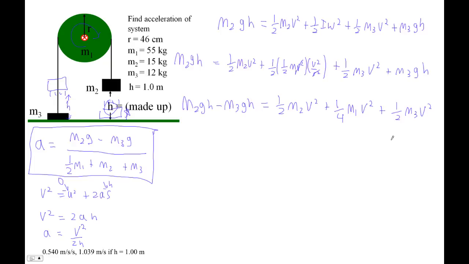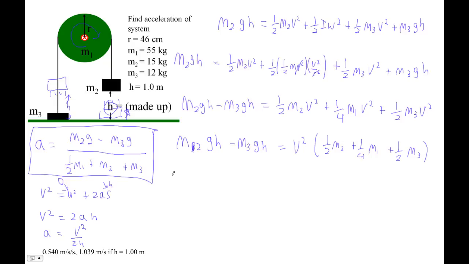Okay, so take a look at this. Now let's factor out the v's here. So I've got m2gh minus m3gh equals v squared outside of 1/2 m2 plus 1/4 m1 plus 1/2 m3. Now we're set. Drum roll, please.